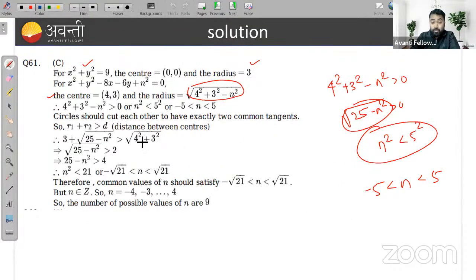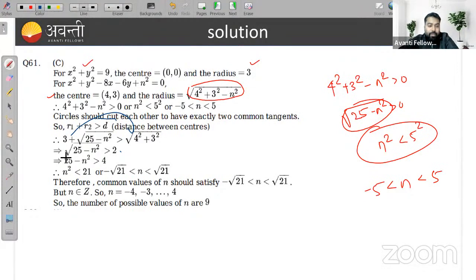4 square is 16 plus 9, that's 25, that is 5. 5 minus 3 is 2. So the left hand side becomes root of 25 minus n square is greater than 2.